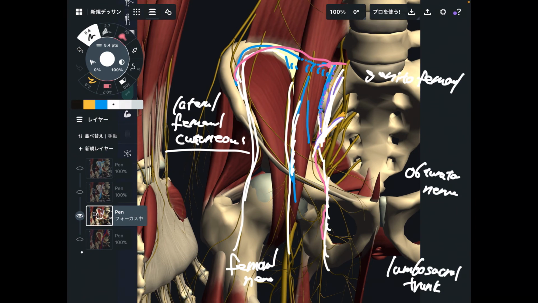This is called the lumbosacral trunk. This junction also has a relationship with iliacus. Oh my gosh, this muscle has so many relationships with nervous tissues: lateral femoral cutaneous, femoral nerve, genitofemoral nerve, obturator nerve, and lumbosacral trunk.